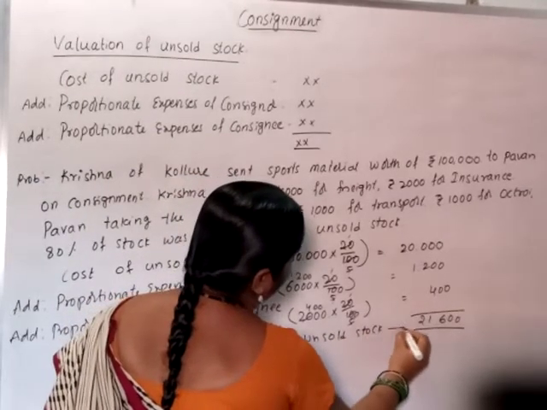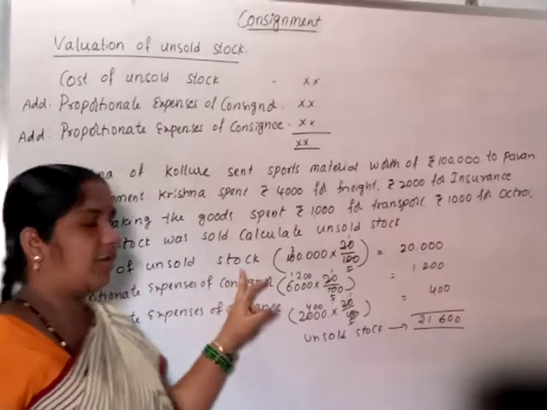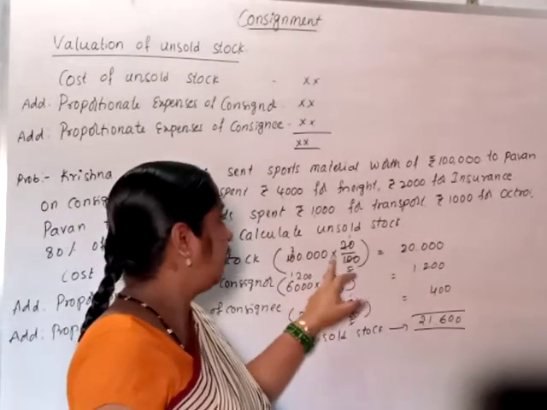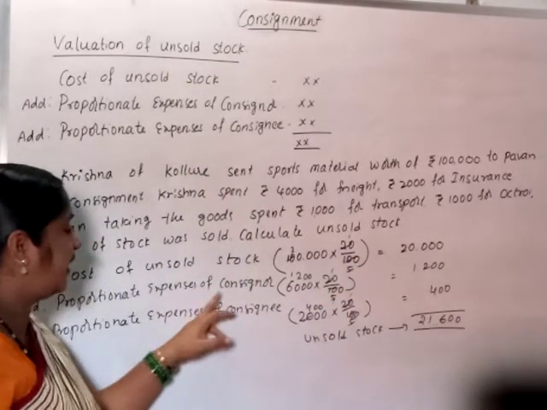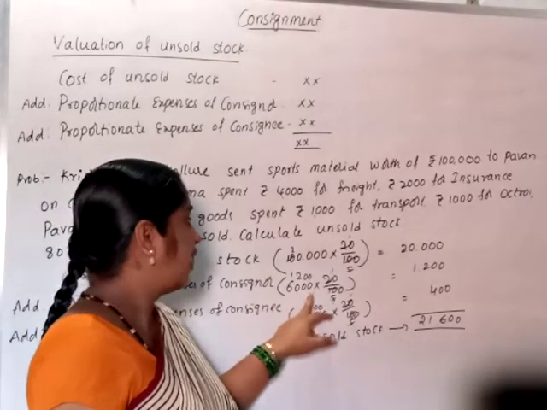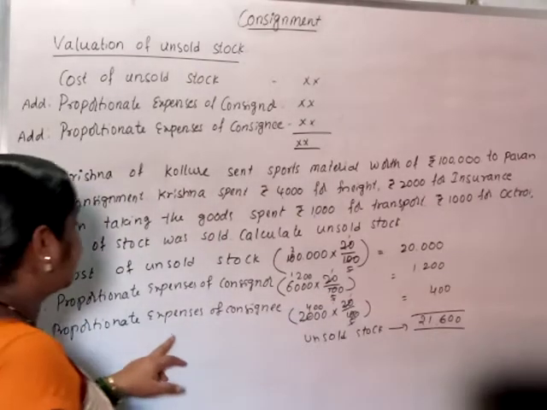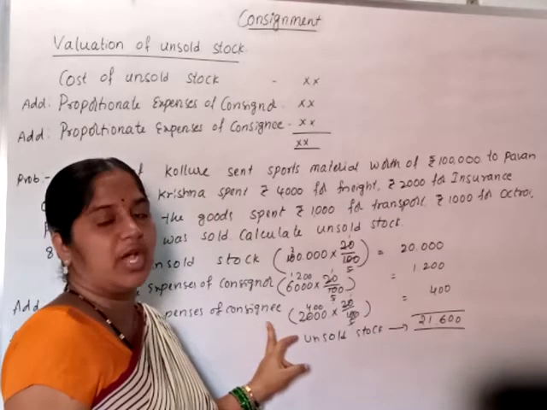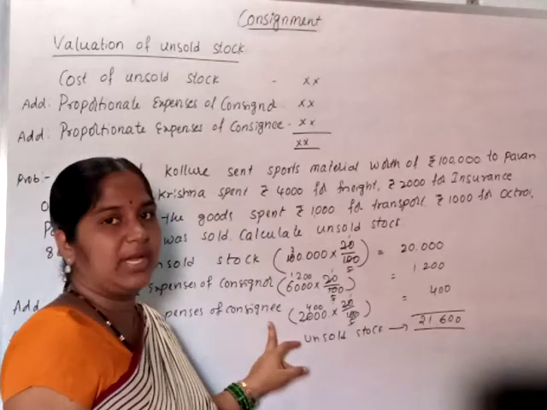So like this we have to calculate the unsold stock value. First of all, the cost of the unsold stock: goods sent on consignment value into the unsold proportion. Then the proportionate expenditure of the consignor: all the expenses of the consignor into the unsold proportion. Next, add the proportionate expenses of the consignee. Here you have to identify whether consignee expenditures are recurring or non-recurring, and consider only non-recurring.